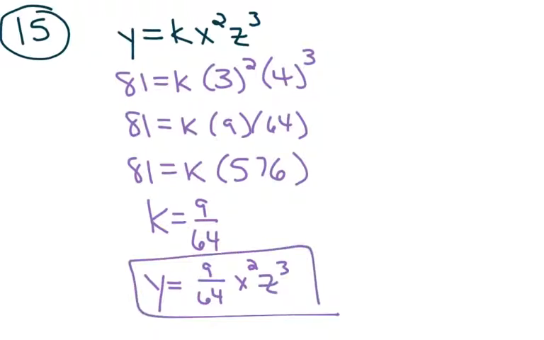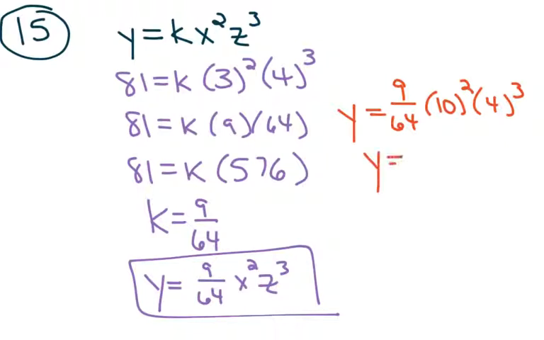Now that we found the equation, it asks us to solve for the given value. So now I want to find y when x is 10 and z is 4. So y equals 9 over 64, 10 to the second, 4 to the third. I'm just going to plug this into my calculator, and I'm going to find out that y equals 900.